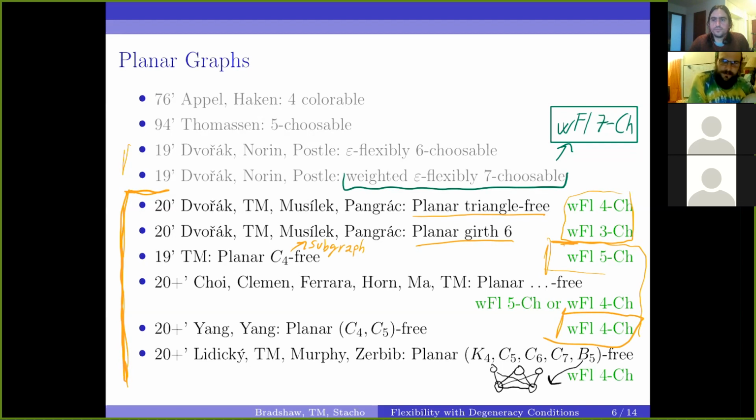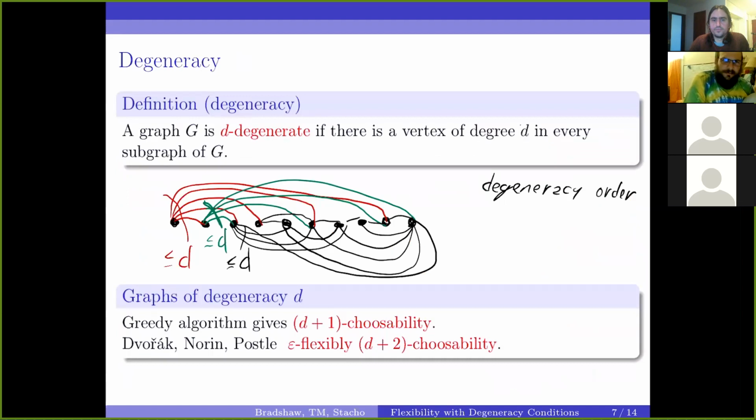So this was the point of view from planar graphs, but let's now take a look from the point of view of degeneracy. We say that a graph G is D-degenerate if there is a vertex of degree at most D in every subgraph of G. We can equivalently think of it in terms of a degeneracy order.